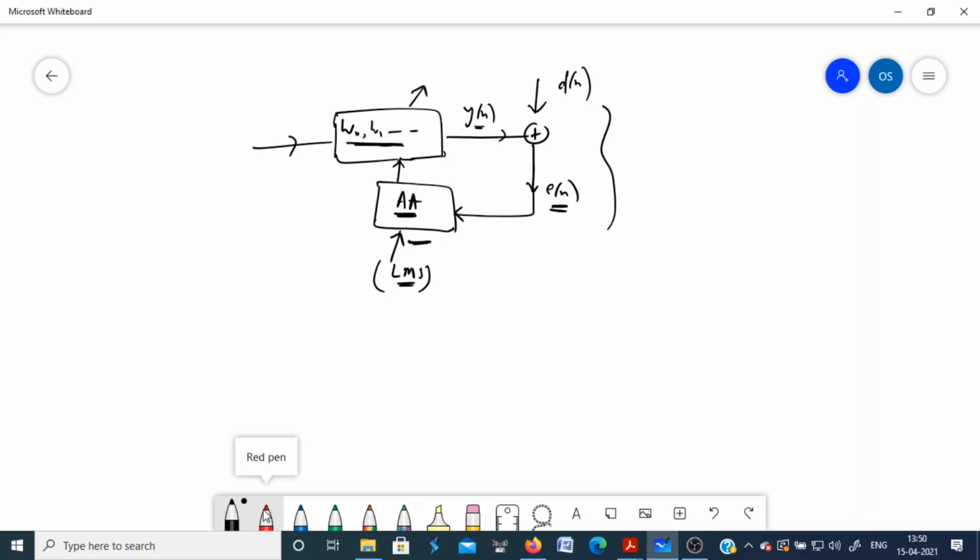Now if you use this type of structure for, suppose, channel equalization, that we have taken as an example. What you do in that is, you have an input signal, you have a channel, and then you have an equalizer. Now this equalizer in this case is nothing but an adaptive filter with time varying filter coefficients.